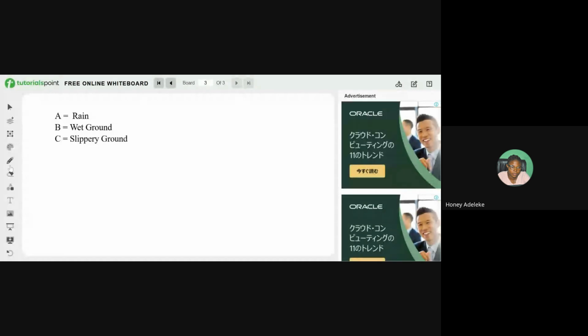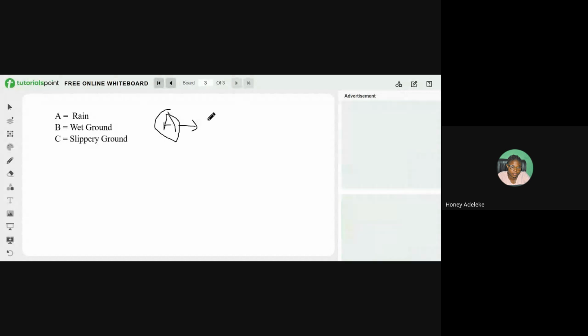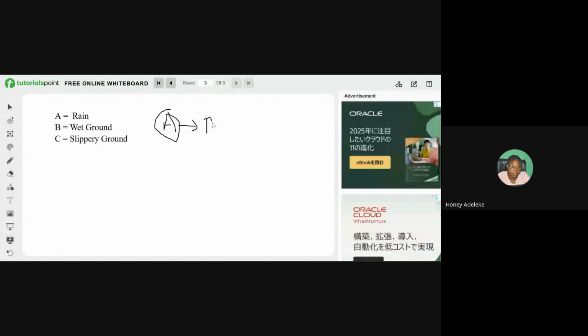let me draw that thing again. So we have A, then we have the B, which is our wet ground this time around.